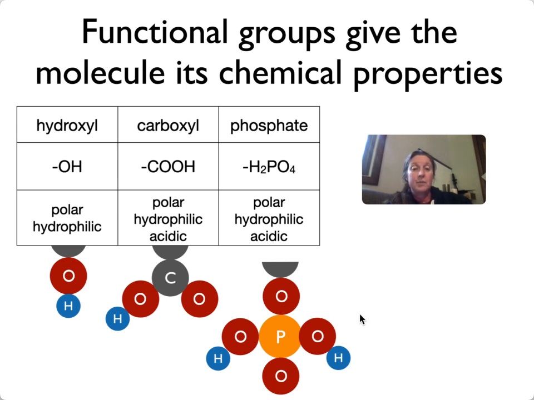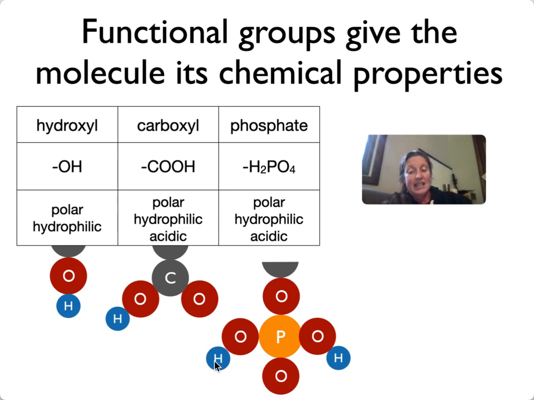Now, the next group is called a phosphate group. The phosphate group is H2PO4. Phosphorus is the P. You've seen the other elements here. In this case, we have a carbon. And the phosphorus is actually sort of surrounded by a bunch of oxygens. So this is a single bond, this is a single bond, this is a single bond, and this is a double bond, because phosphorus makes 5 bonds with other elements.